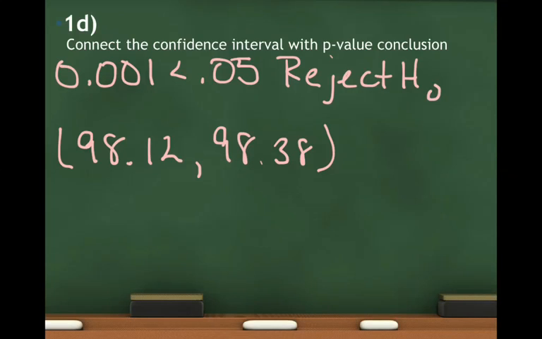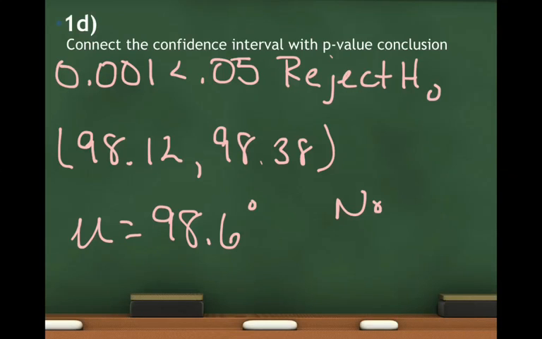And so remember, when we look at our confidence interval, we were 95% confident that the true mean was somewhere between here. And so here we were saying the true mean was 98.6 degrees. Does that fit within our confidence interval? And so no, it does not fit within our confidence interval.